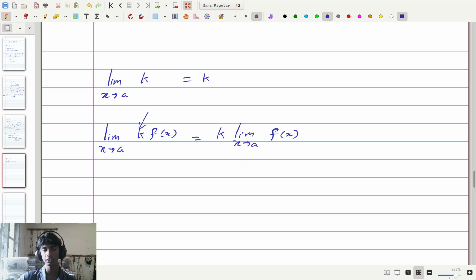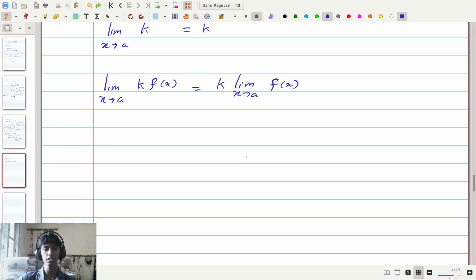Multiplying by a constant does nothing to the actual limit, provided of course that k is not 0. If k is 0, still we'll get a correct answer, but it's kind of nonsensical. So we'll forget that for now. If we have a constant times a function and we are taking the limit of that, it's the same as multiplying k by the limit of f(x).